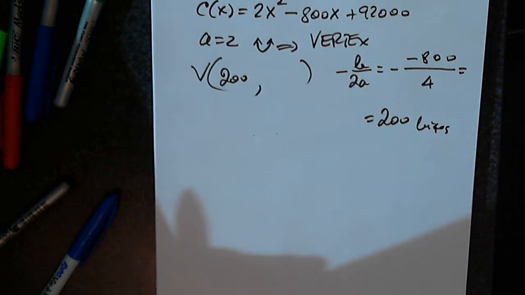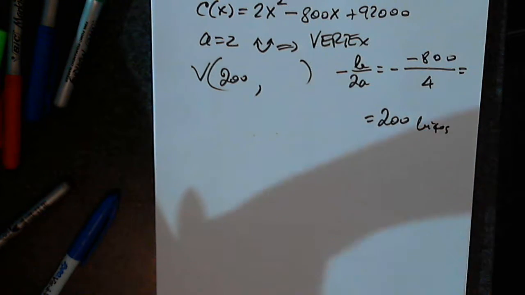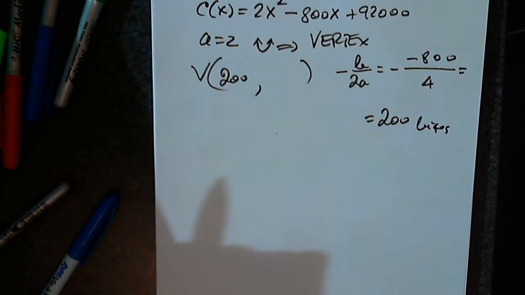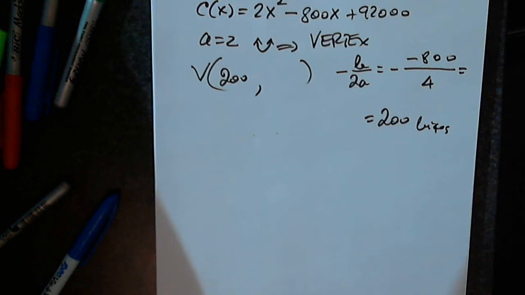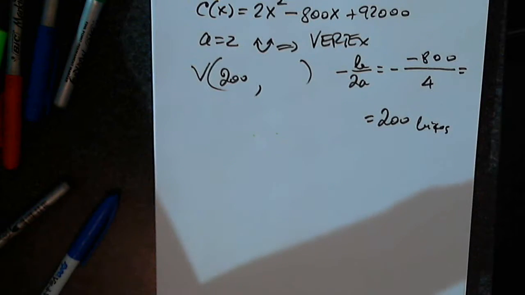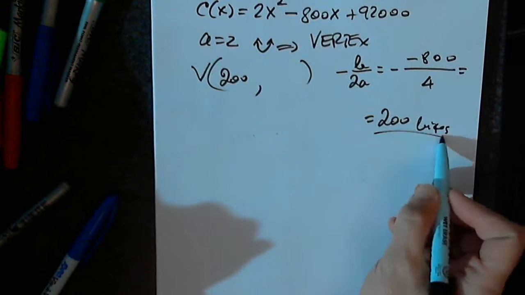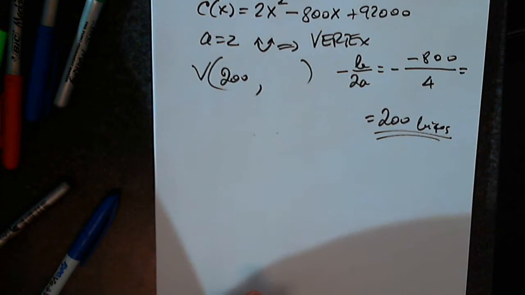If you manufacture 201, will their cost be minimum? No. If you manufacture 199, will the cost be minimum? No, because we know there is always only one point at one particular x value, not more than one. So we found it at 200. We will tell him, hey, manufacture exactly 200 if you want to minimize your costs.